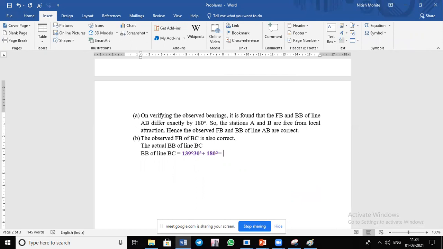So the value comes out to be 319 degrees 30 minutes. This is the actual back bearing of line BC.